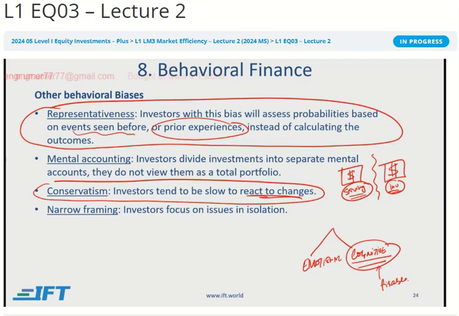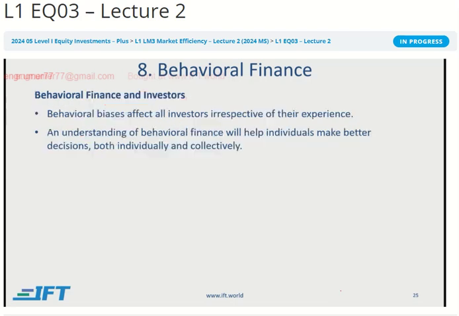You can teach them how to think about it in the right way, how to analyze the information available correctly. But there are certain biases which are emotional, which are hard to fix. And as their investment manager, what you should do is try to accommodate their emotional biases, right? If they think in a certain way, try to accommodate instead of trying to force them to change, because emotional biases are really hard to change.